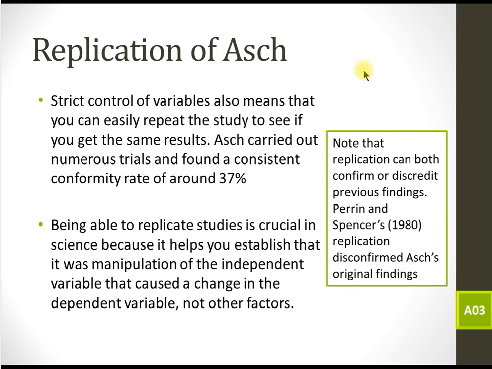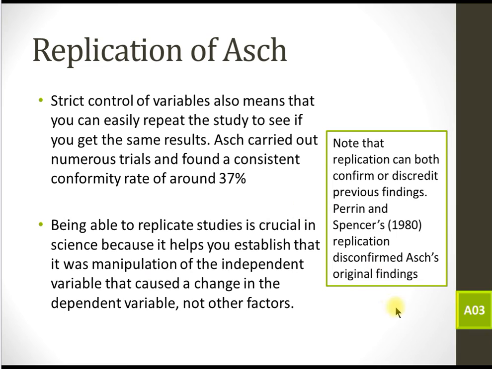Replication of Asch. Strict controls meant that Asch could repeat his study several times, manipulating different variables in the trial. So his overall conformity rate was about 37%. And it's really important to be able to replicate a study in science. If you can't replicate it, then it could have just been a fluke. When you replicate something, the more times you carry out, the more reliable that study is.